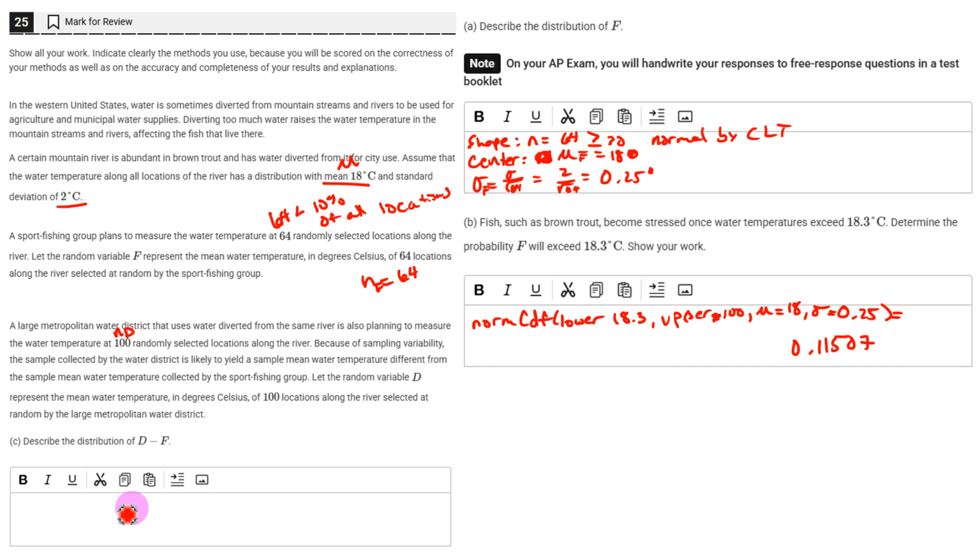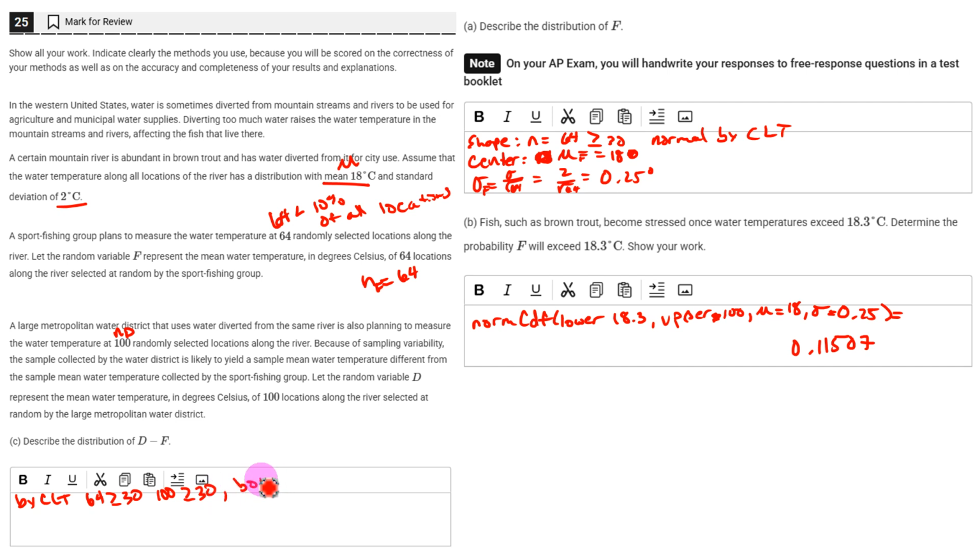Now this is the part I was supposed to do. Describe D minus F. So we're doing 100. By the CLT, 64 is greater than or equal to 30, and 100 is greater than or equal to 30.